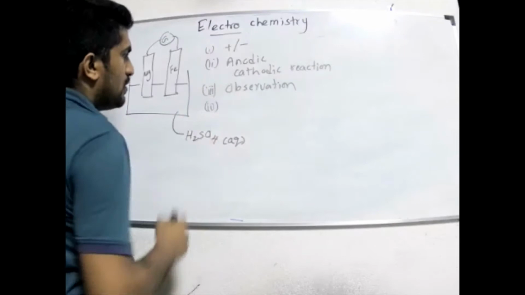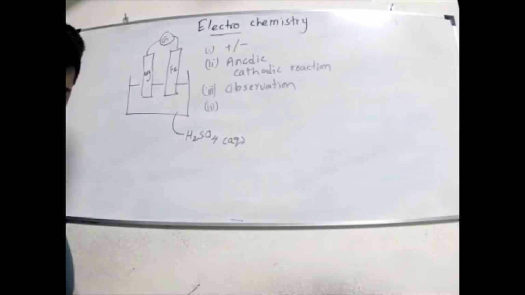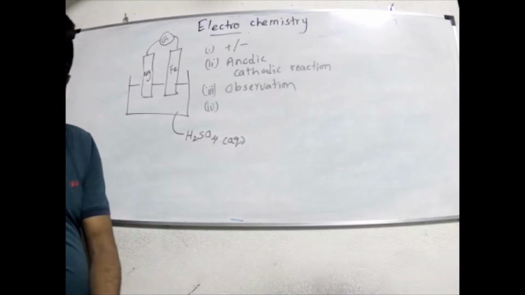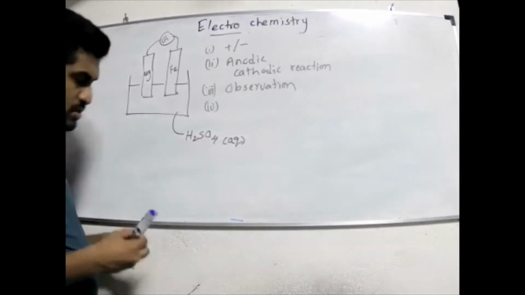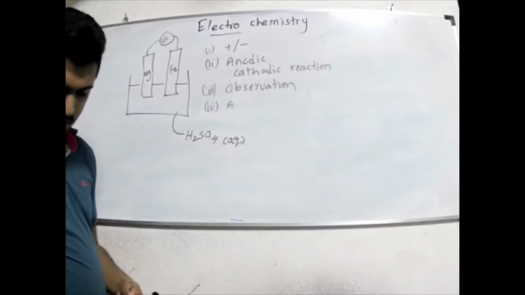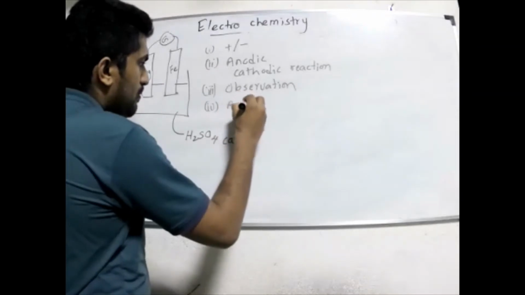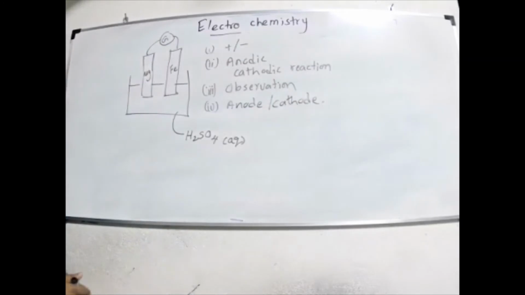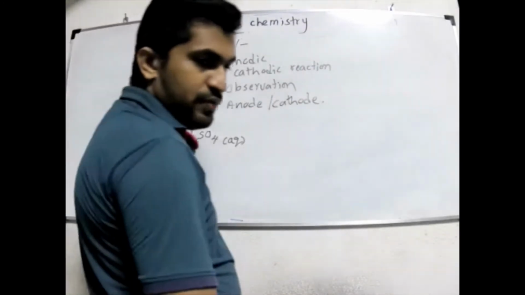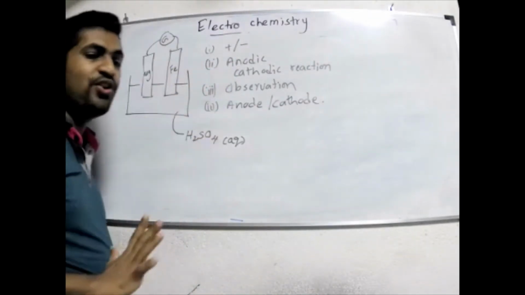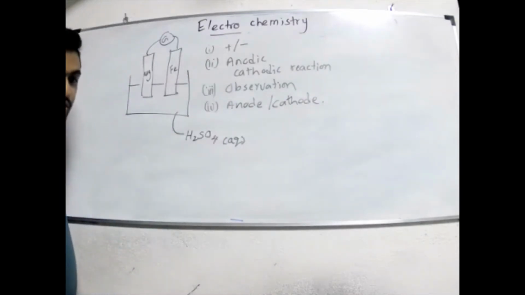Fourth: you have to write what is anode and cathode. This is an activity you have to do by yourself. Copy that and try to do it by yourself. If you can do this, then don't worry. You got my teaching, my method, my concept.